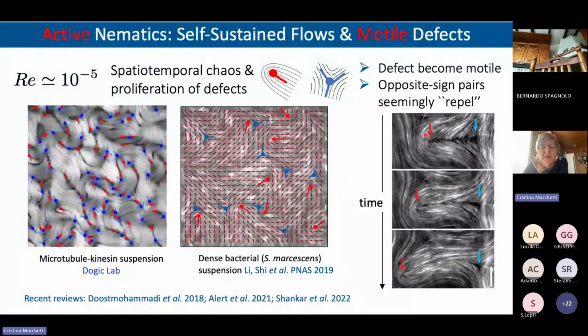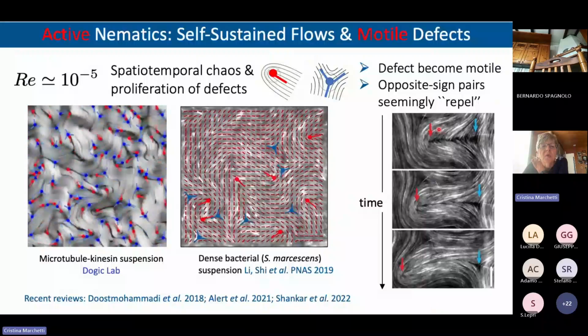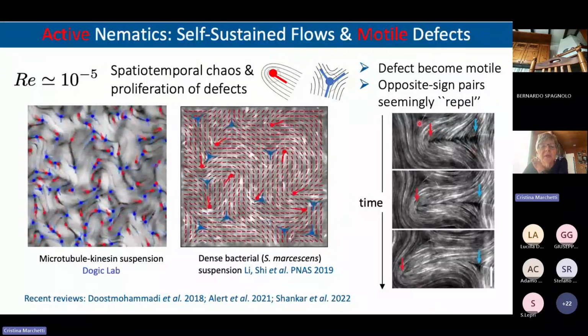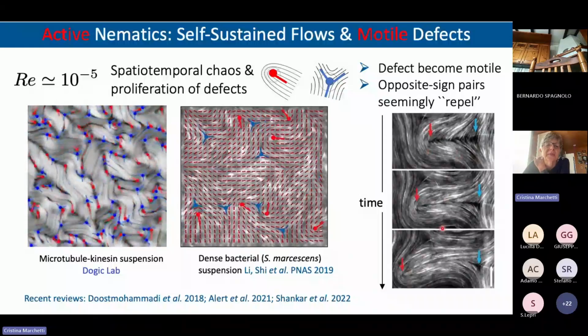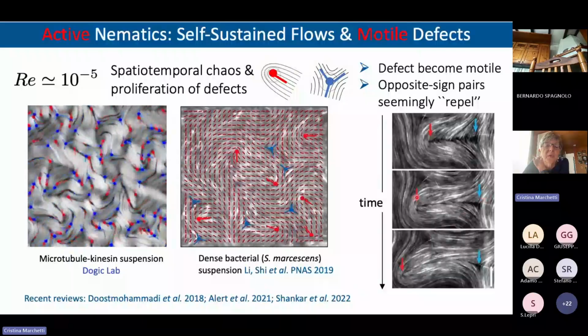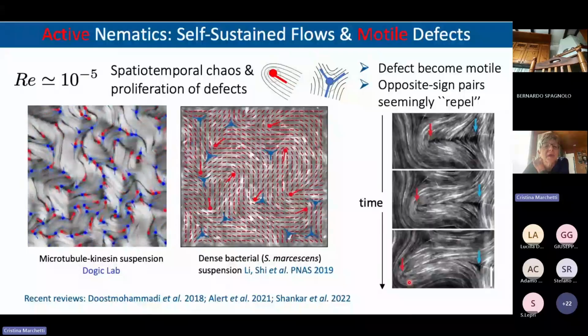This is particularly evident in this set of still images to the right, where the arrows point, the blue points to the minus 1/2 and the red points to the plus 1/2. As time goes on, you see that instead of being attracted to each other through Coulomb interaction, they actually move away from each other and they do not annihilate.